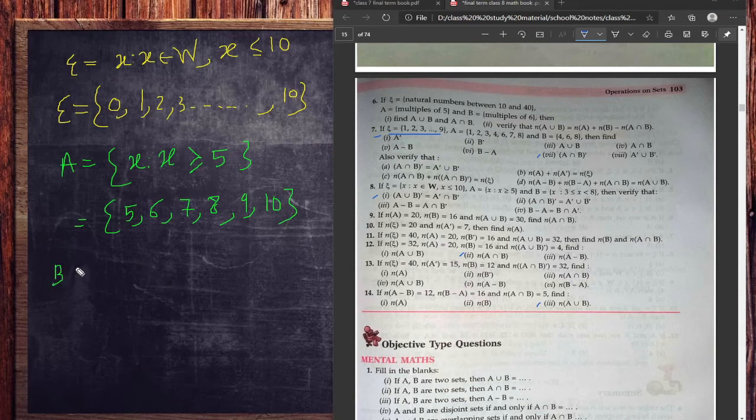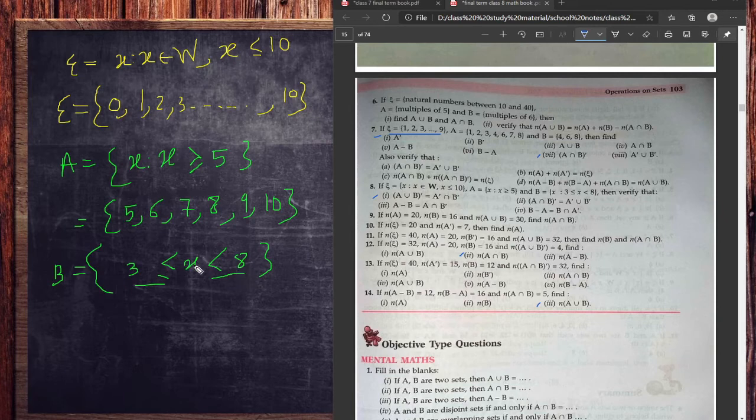Coming to B, it is given that the B set is 3 to 8. As you can see, let me write this one. Okay, so x is greater than or equal to 3, or it lies between 3 to 8. But as you can see, it can be equal to 3, but it cannot be equal to 8.